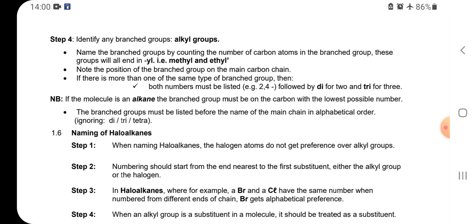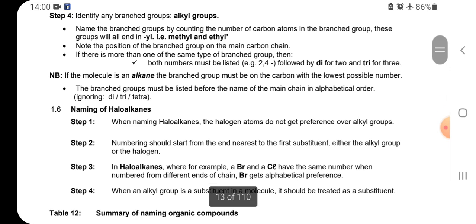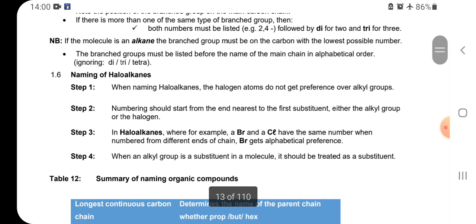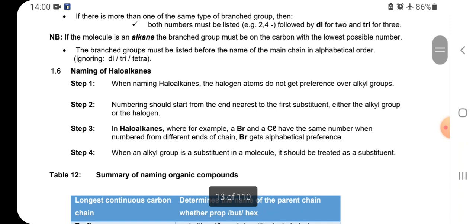And if the molecule is an alkane, the branch group must be on the carbon with the lowest possible number. The branch group must be listed before the name of the main chain in alphabetical order. Di, tri, tetra, for 2 branches, 3 branches, and 4 branches.